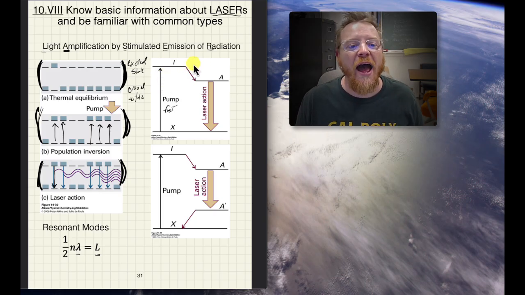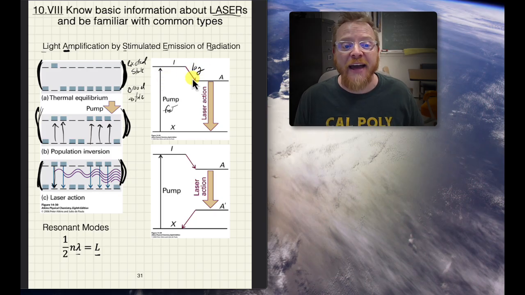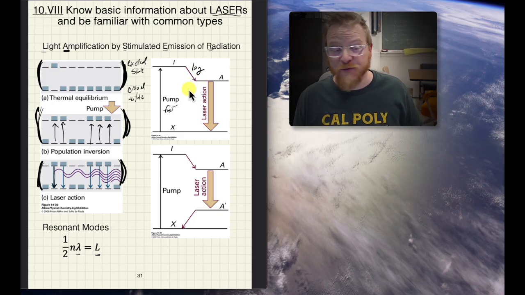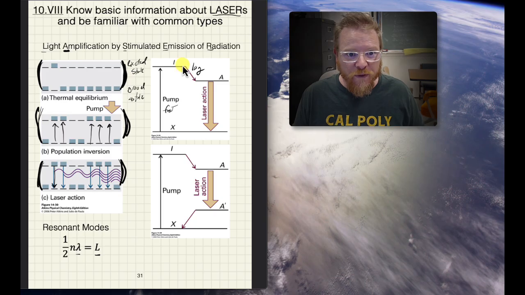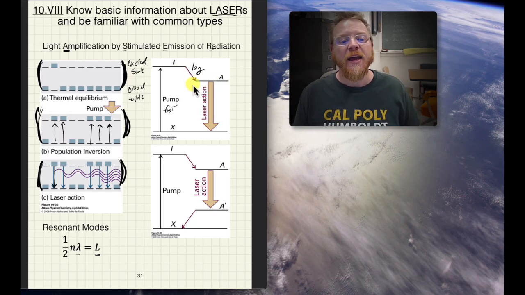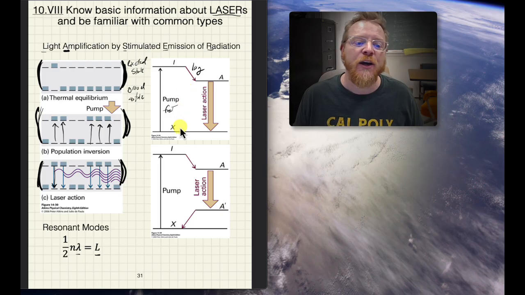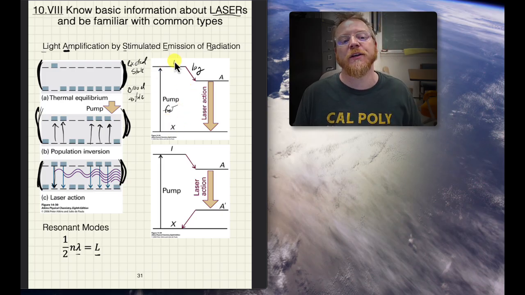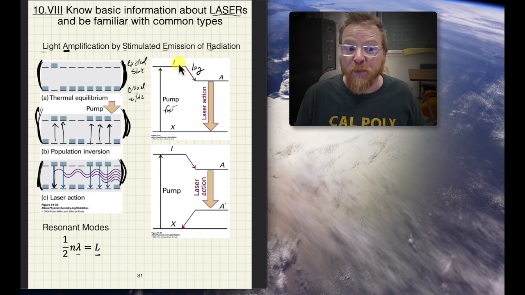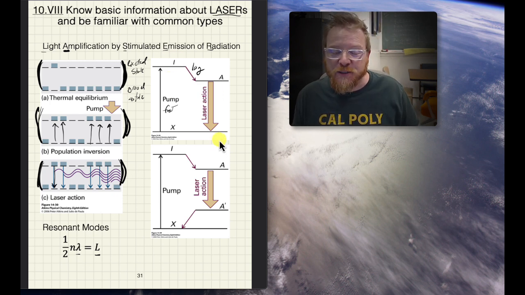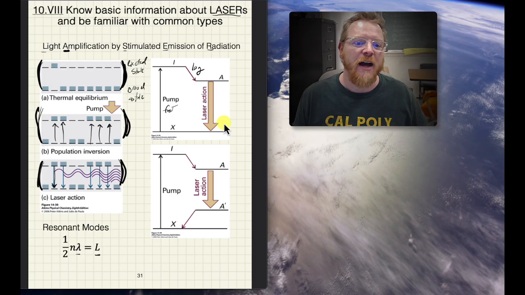We will now have some lag, whether it's radiative or non-radiative. Typically it will be non-radiative, where this goes down to our laser action state. And because of this lag, we're able to put more molecules in this upper state. We can put them up faster than they can crash back down. So there's a kinetic competition there.